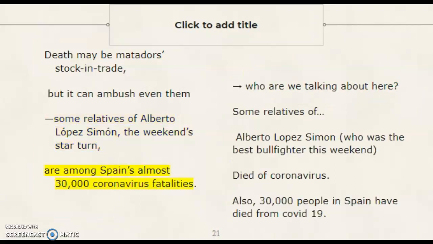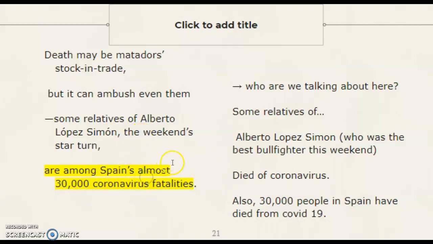So we're talking about people who died of COVID-19. It includes the fact that 30,000 people in Spain at the time of this writing had passed away from COVID-19.